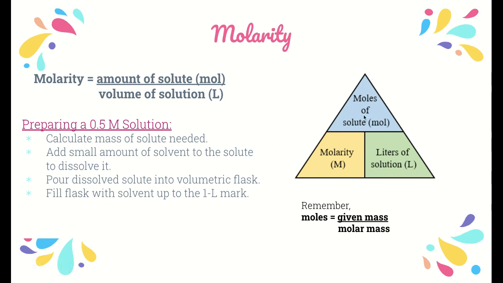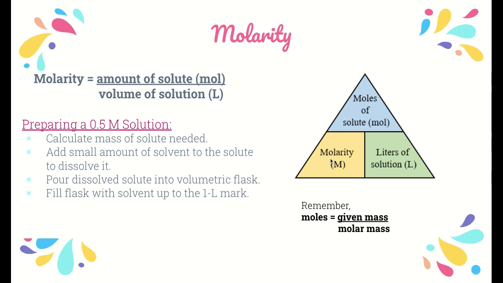This triangle just puts all of those little conversions together for you. We know that moles is going to be the mass divided by the molar mass. That's from stoichiometry. I've been using that a lot in the last couple of months, so hopefully you guys haven't forgotten that. But we also have this, right?